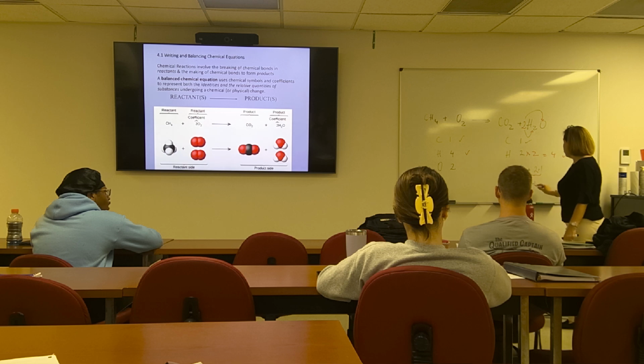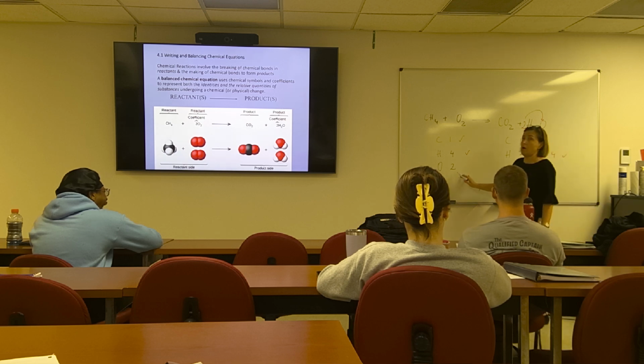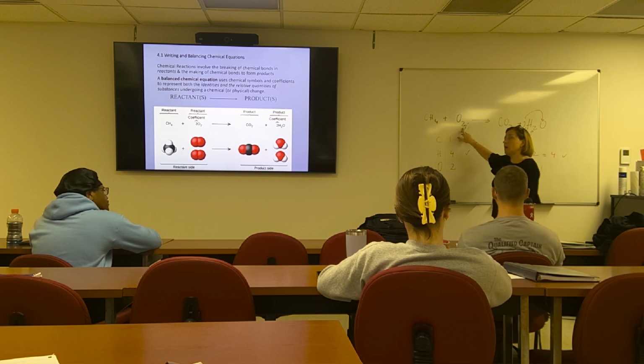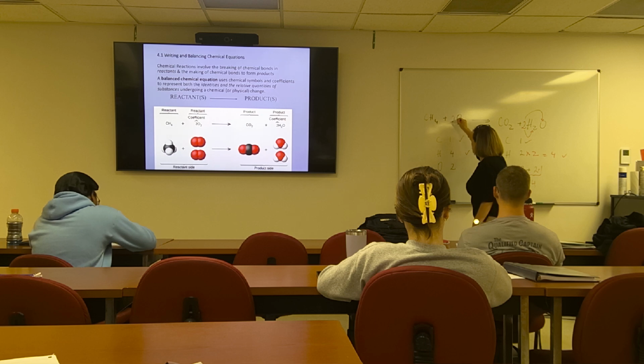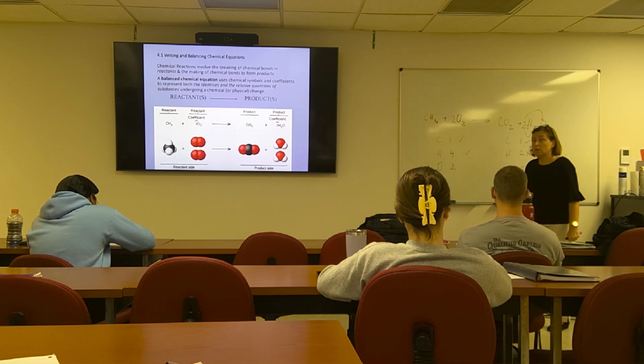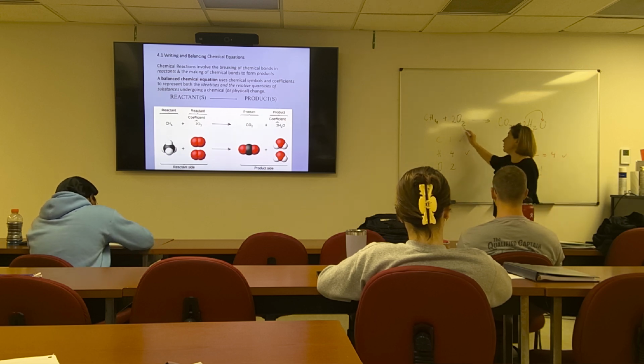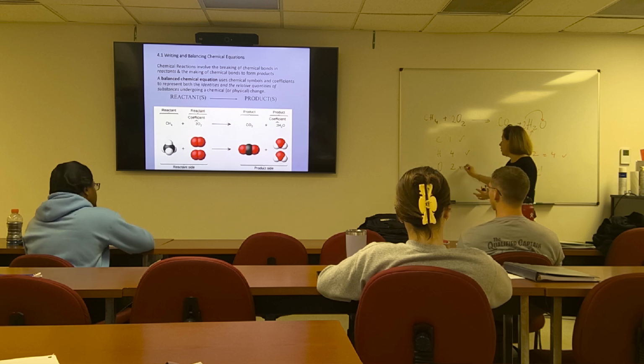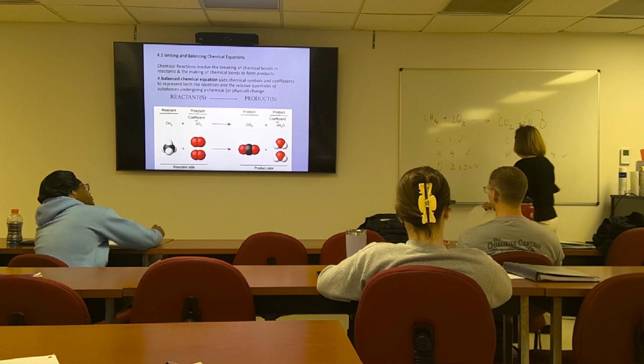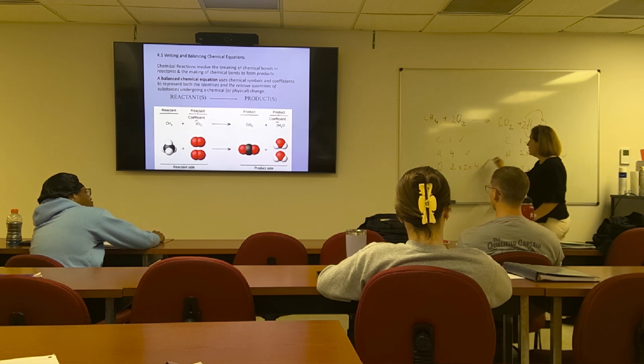And then I have 4 oxygens and 2 oxygens. Where are oxygens here? In this O2. How can I make this become a 4? I multiply it by 2. This coefficient 2 put in front of oxygen will take care of that. I'm going to multiply this by 2 to make it a 4. Now 4 oxygens on both sides, they're done.